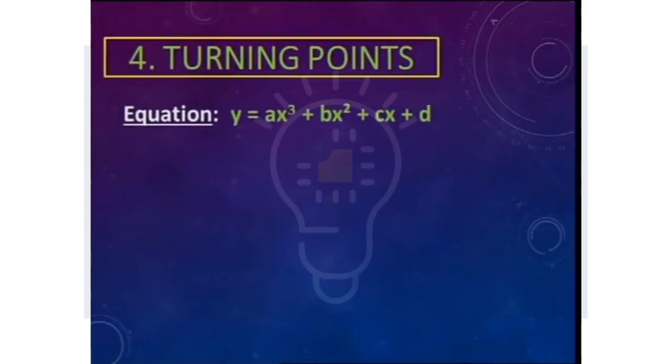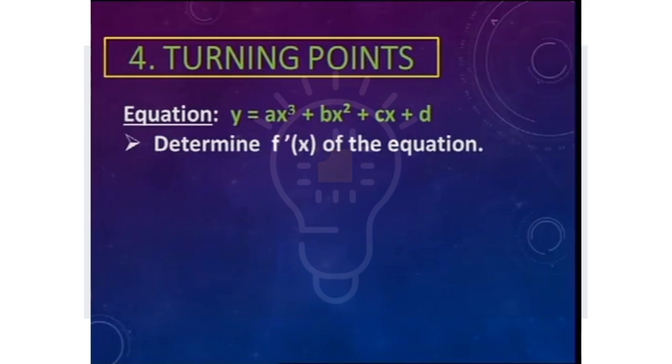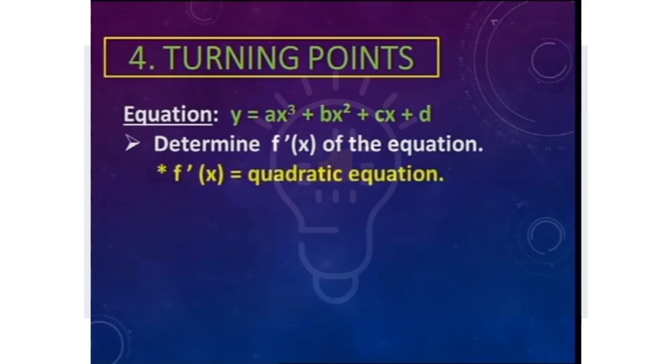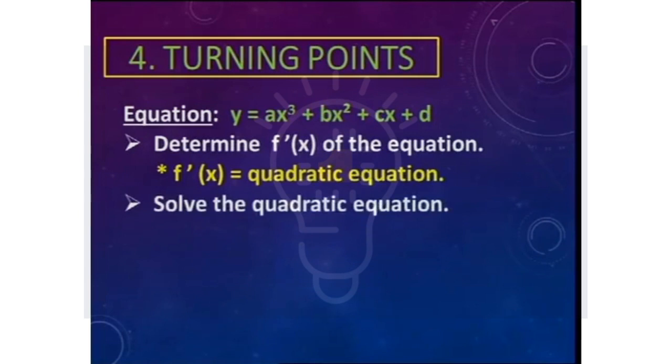What about our turning points? Quite a lot of work is involved here. Number one, it says determine f prime of x, or should I say f dash of x, of the equation. What does that mean? Find the derivative. If you find the derivative of a cubic equation, that derivative will be a quadratic equation. What does that mean again? Your answer will have x to the power of 2, and that means you will have 2 x values.